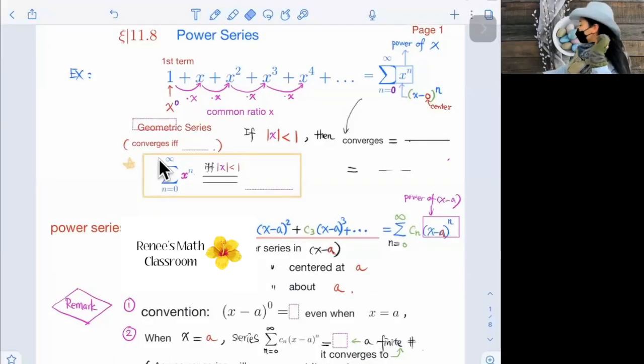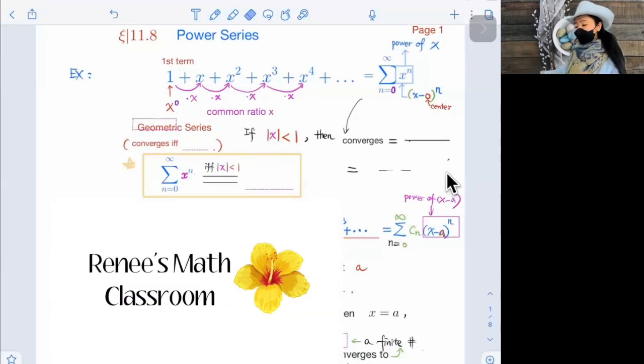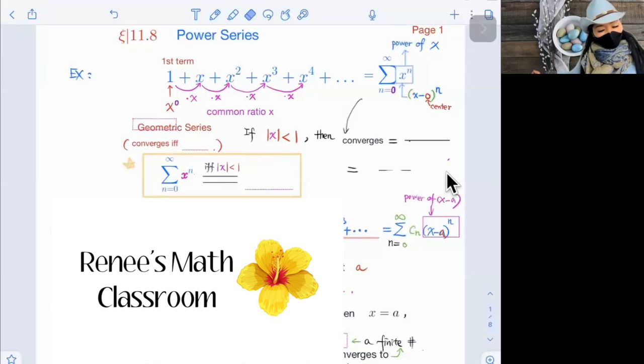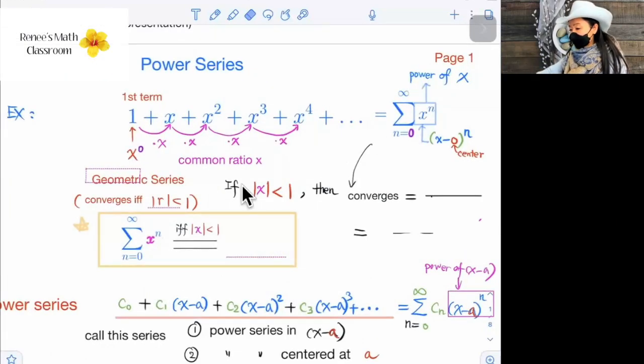Now, we know that a geometric series is going to converge if and only if the absolute value of the common ratio satisfies what condition? It's less than 1. Yes. So, the geometric power series over here is going to converge if the absolute value of x is less than 1.